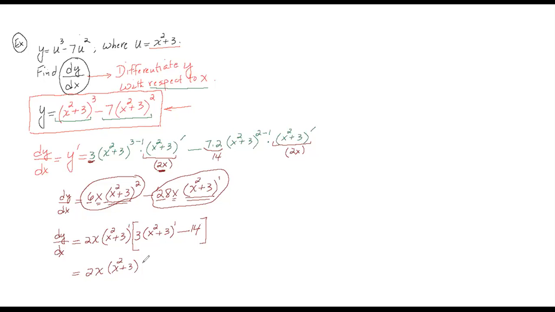Remove the parentheses, combine the like terms, so that would be 3x squared, 3 times 3 is 9, 9 minus 14 is negative 5. So the answer is 2x(3x squared minus 5), and that is my final answer. Any questions?